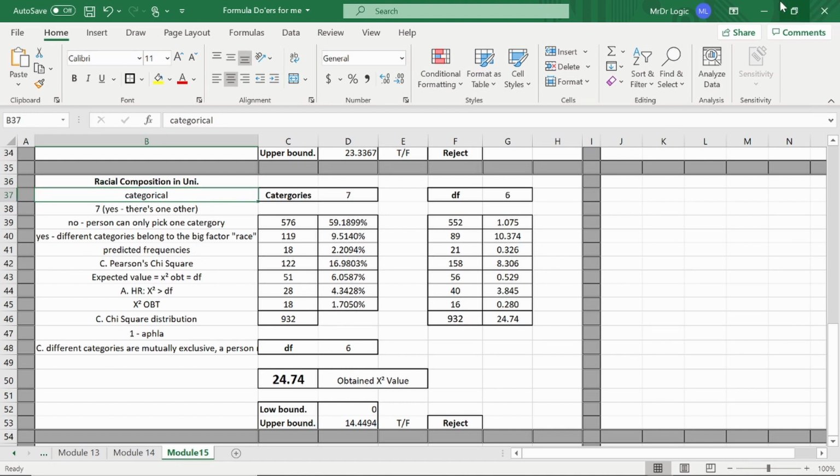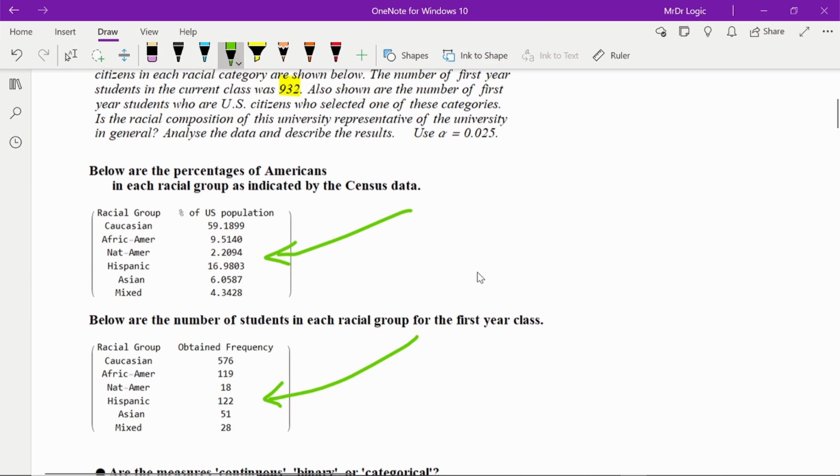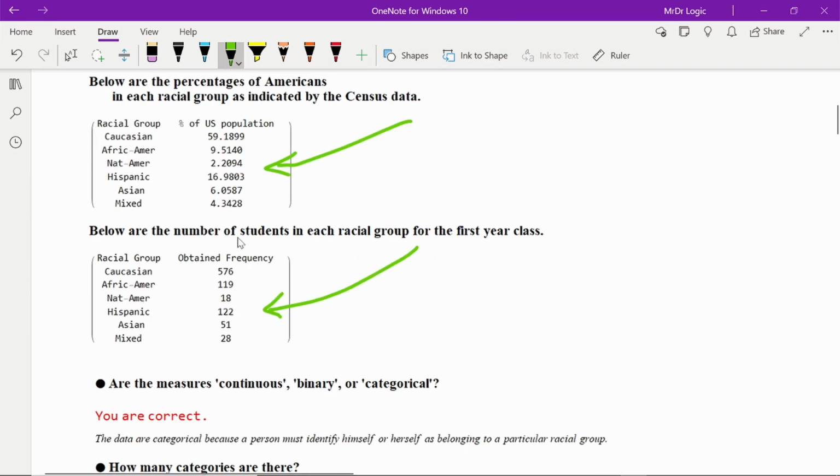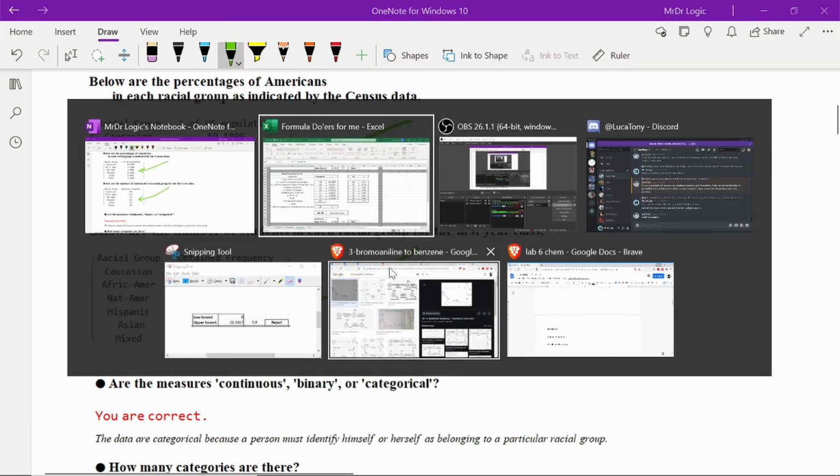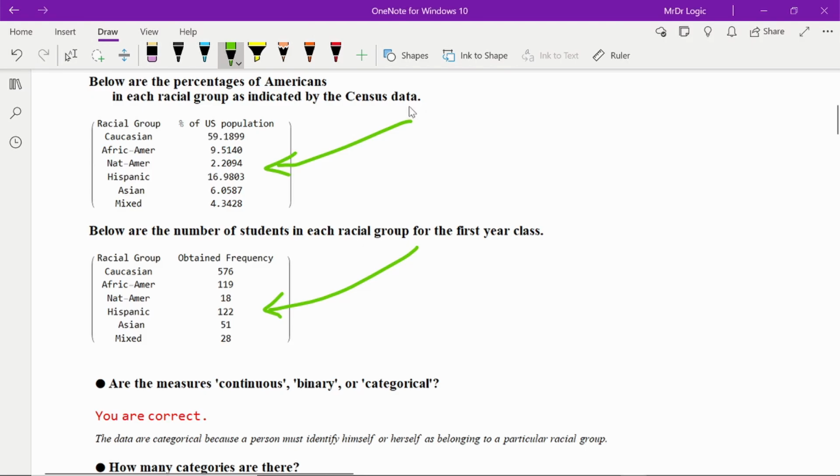I said here the answer is categorical because in the question you have to identify yourself as one or the other. If I had to explain binary, binary is either 1 or -1. So you're in group A or in group B. If there's an in-between, then it's C, and you would automatically make it continuous.